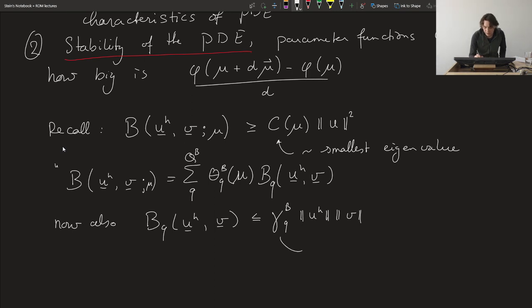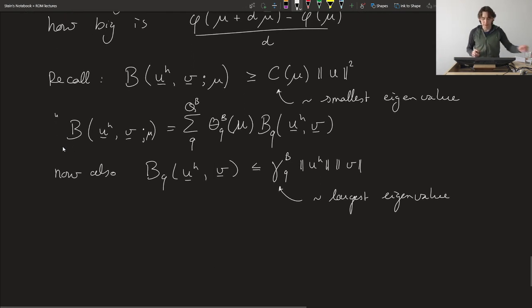So I would say this is related to the largest eigenvalue. I'm probably making some conceptual hand-waving arguments here, but I want to give you some idea of what these numbers relate to in a more approachable perspective. So this is all in relation to the bilinear form.